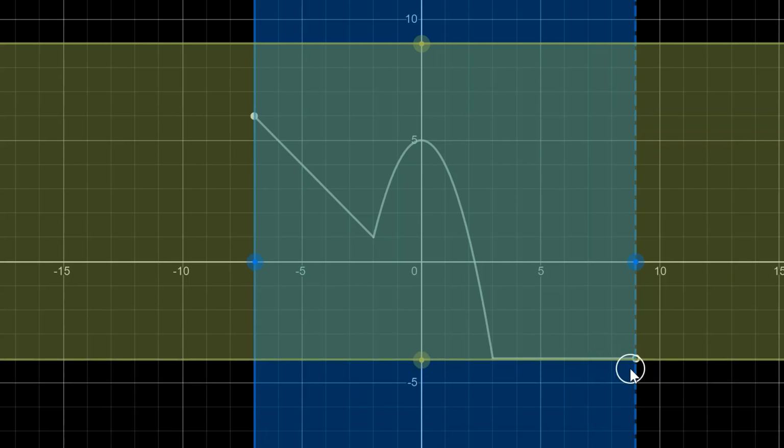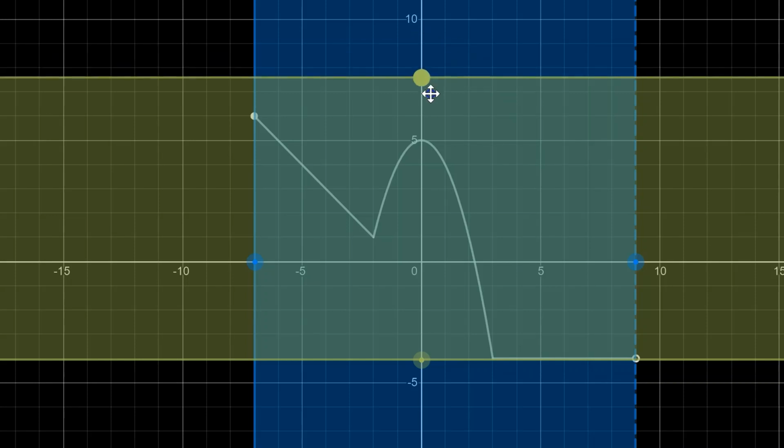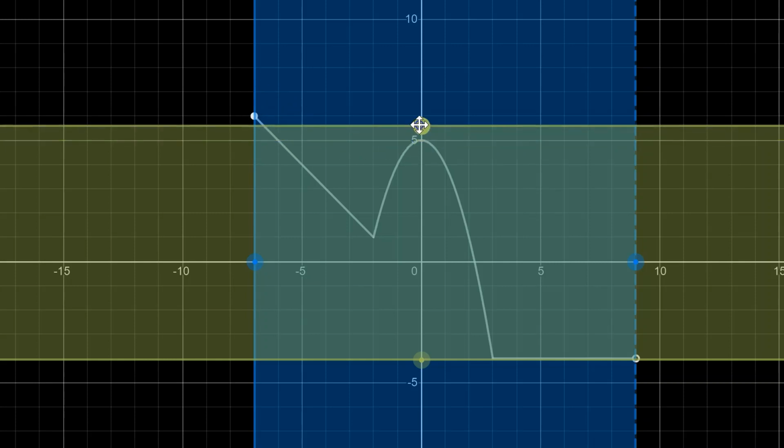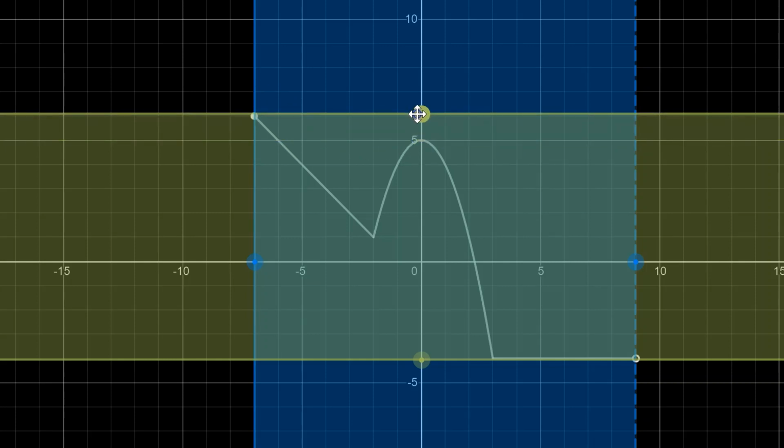Even though there is an open point here, the rest of the bottom is made up of closed points, solid points included. So we can say that it is included at this value. And it goes all the way up. Let's see, is this the top of our graph, just like the last one? No, it looks like there's a little bit left over. So we need to go all the way up here.